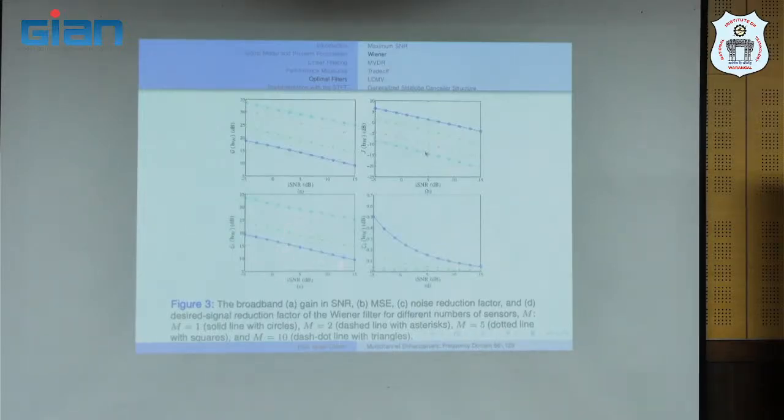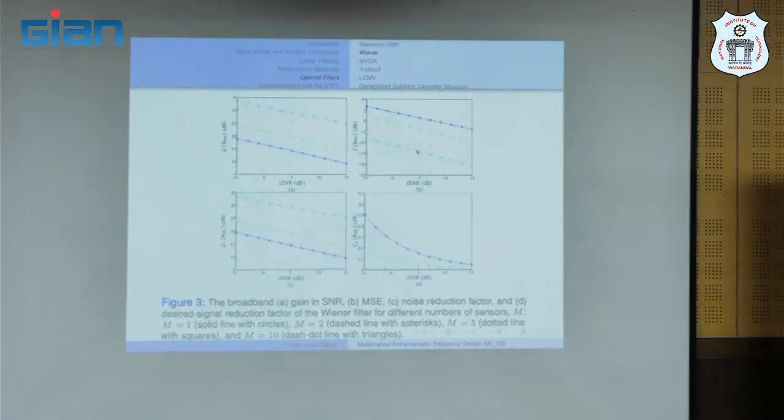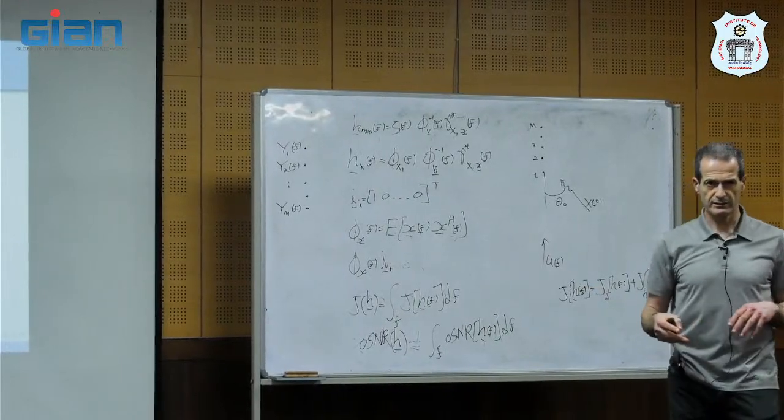Okay, and you see a big jump between 1 and 2 sensors. This is the jump between 1 and 2 sensors. This is the jump from 2 to 5 sensors. This is from 5 to 10. The fact that I have a big jump from 1 to 2 sensors means that I have a significant amount of directional noise, which is true in this example. Because you see that the thermal noise is only 1% of the directional noise.